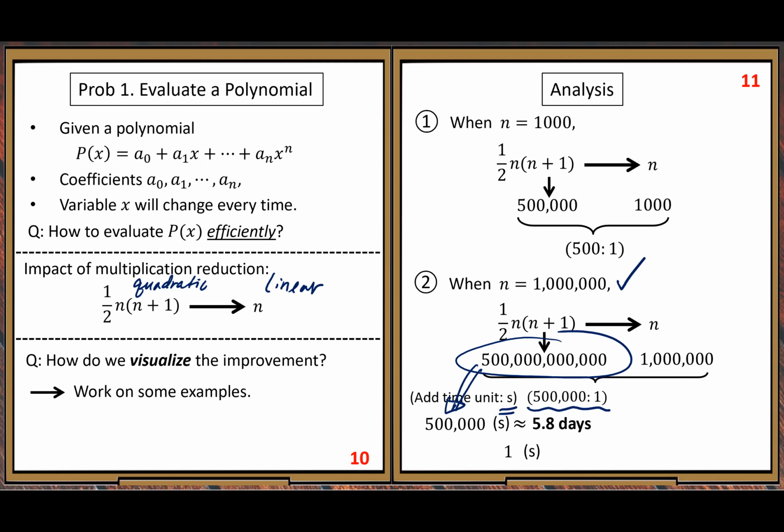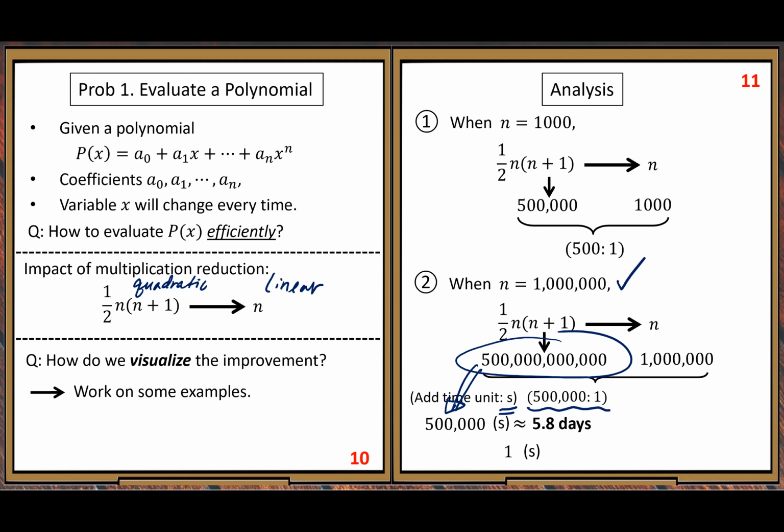So the reason I give you this first computing problem in our first module is to show you the impact of different algorithms, the power of good algorithms.